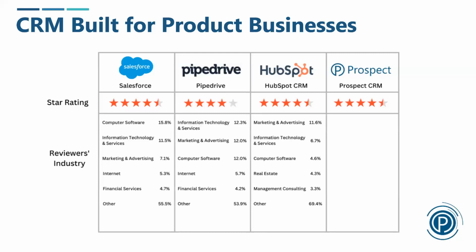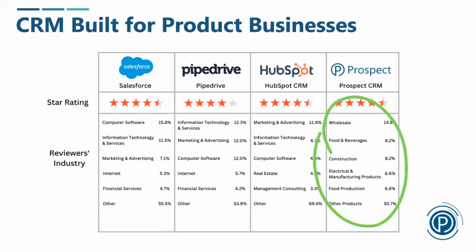And most CRMs in the market are built specifically for service-led businesses and are in no way aimed at businesses selling physical products. As you can see here on the screen, if we break down the users of Salesforce, Pipedrive, and HubSpot, using real reviewers by industry data, you can see all of them are service-led businesses, such as computer software, marketing agencies, financial services, and so on.